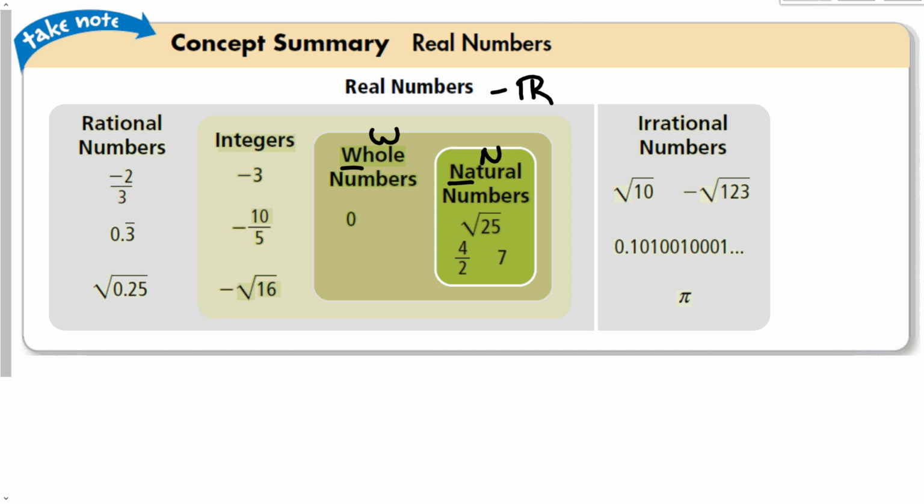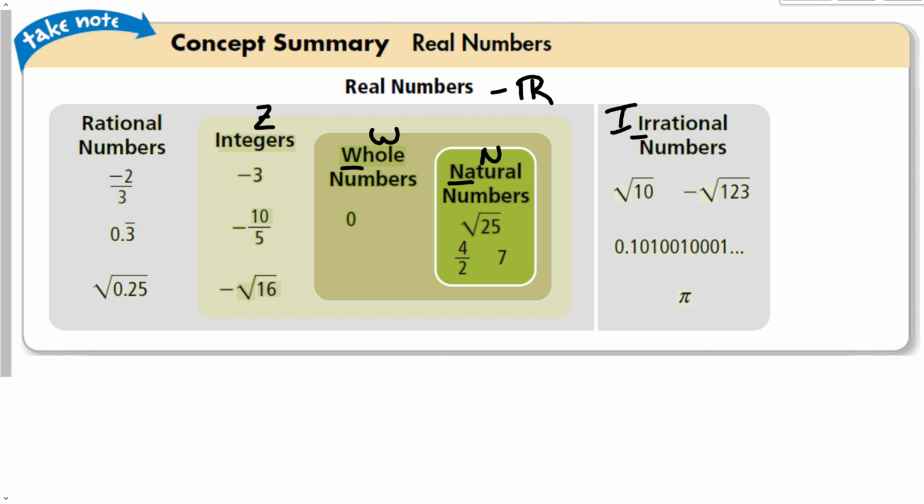The other ones get a little complicated, okay? Irrational numbers, we can say that is a capital I. But if we're going to use a capital I for irrational, we have to use something else for integers. We can't have two sets with the same capital letter. So the capital letter that we chose to use for integers is Z. Why Z?